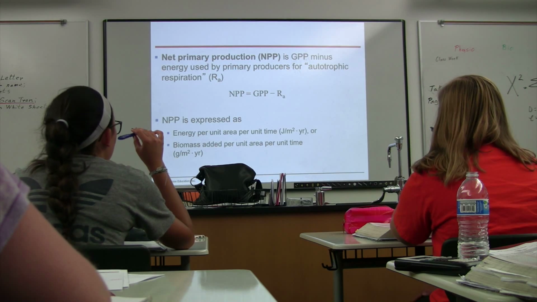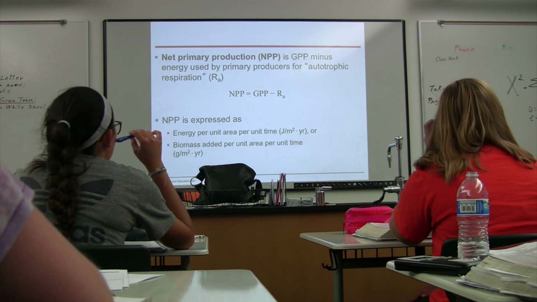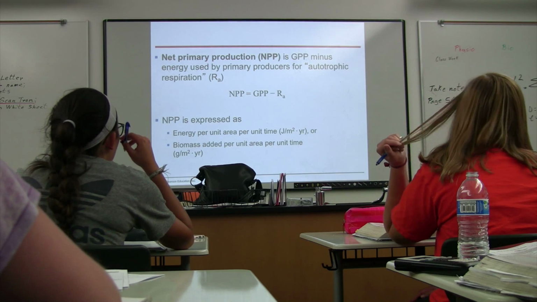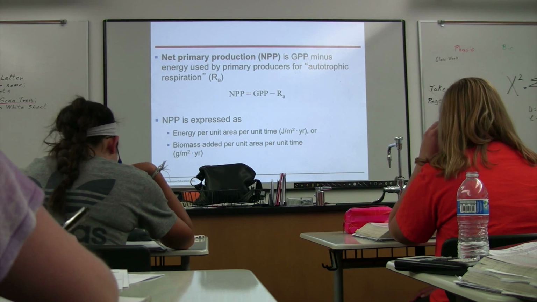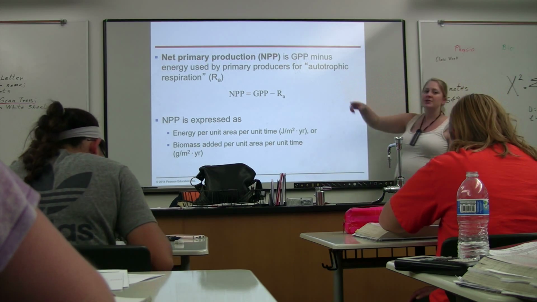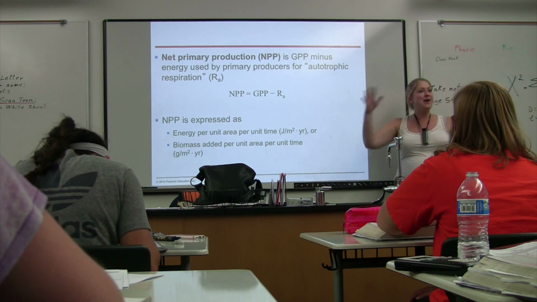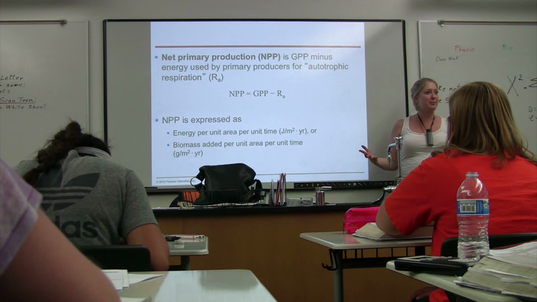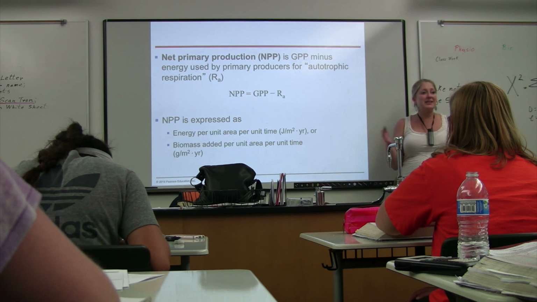Then we have our NPP. This is the equation that we just did in a grid-in question, but it gives you some basis of what it means. This is our net primary production. It's the GPP minus the energy used. So the gross is everything that could possibly be produced by your producers. But then some of that is going to be used.